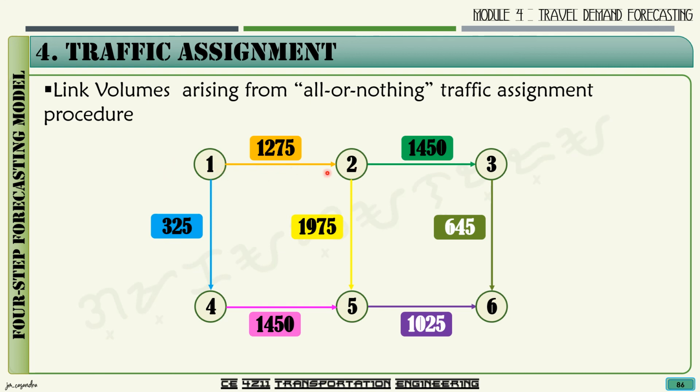There are 1,275 vehicles that would be using route 1 to 2, and those vehicles passing route 1 to 2 are those that would be traveling from 1 to 2, 1 to 3, 1 to 5, or 1 to 6. Okay? So that's it.